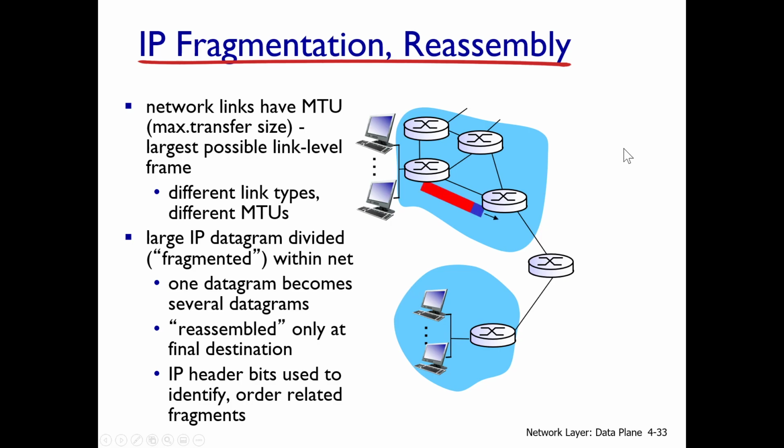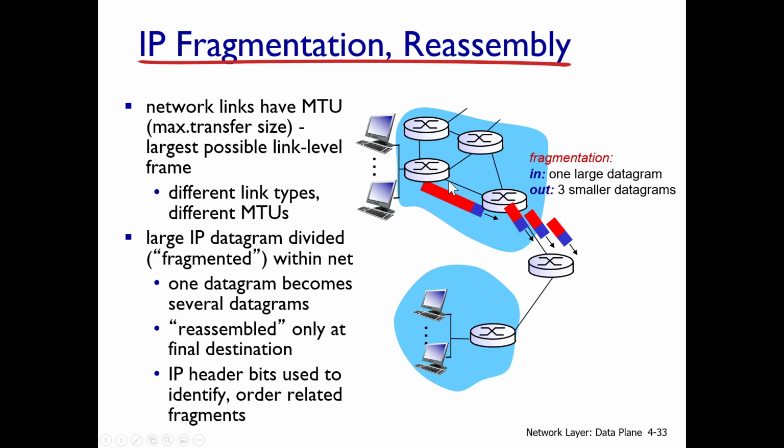So let's say here we have one packet, but this is your MTU, this is a large packet, so you cannot transfer this packet over this link. For example, assume that this is not Ethernet and this is Ethernet.